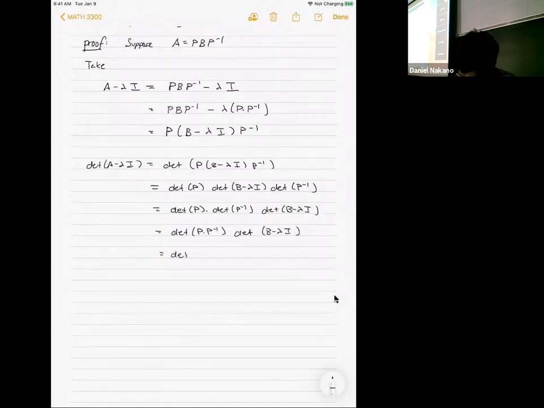So that's the determinant of the identity times the determinant of B minus lambda I. The determinant of the identity is 1. So this is the determinant of B minus lambda I. Okay, so I think I gave all the steps that one needs to do.